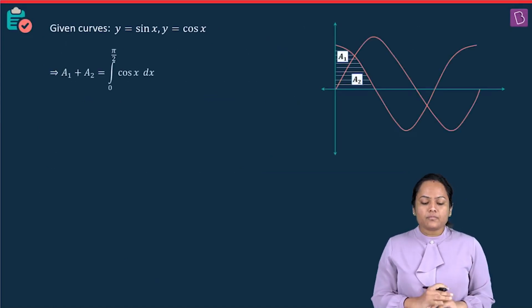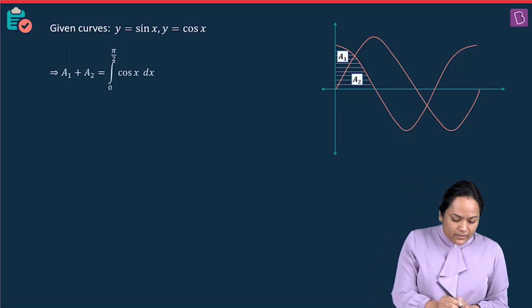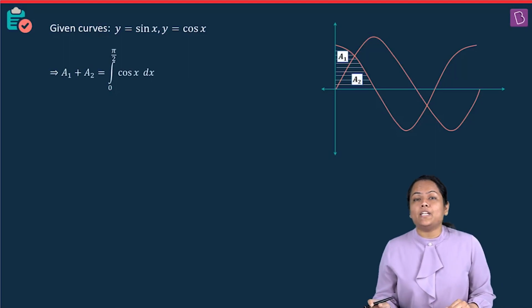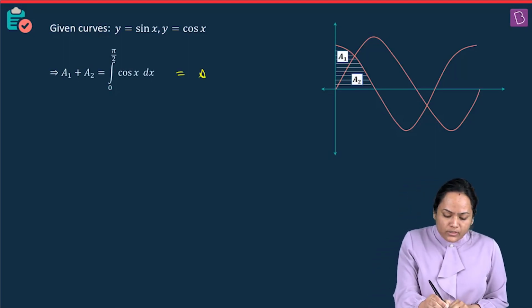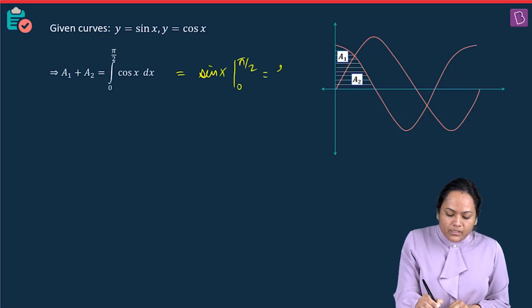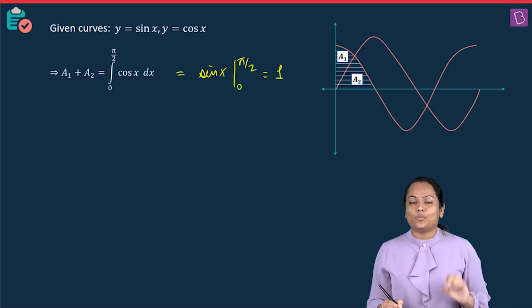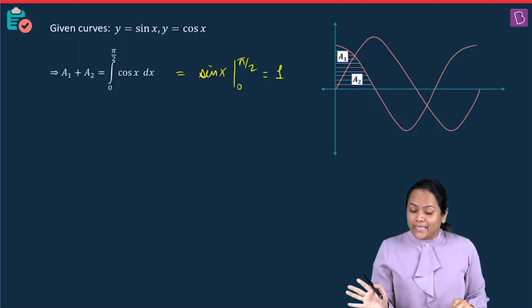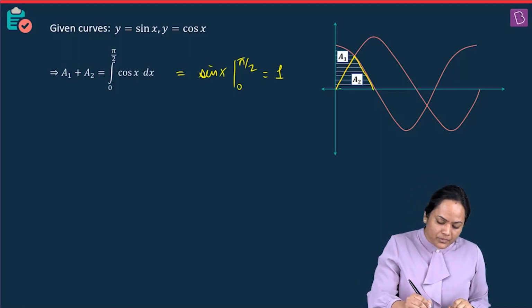And when we solve for A1 plus A2, or when we integrate cos from 0 to pi by 2, you know the integration of cos is nothing but sine x. And from 0 to pi by 2, when we put the limits, the value is 1. So that means A1 plus A2 is 1. That is one thing. Now I have to find A2, and integration of A2 basically is this part, right?